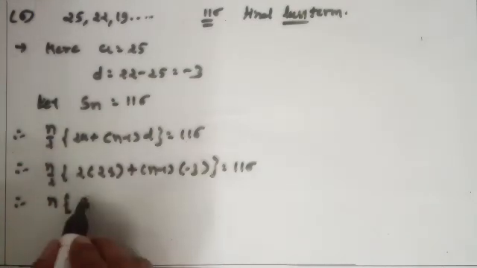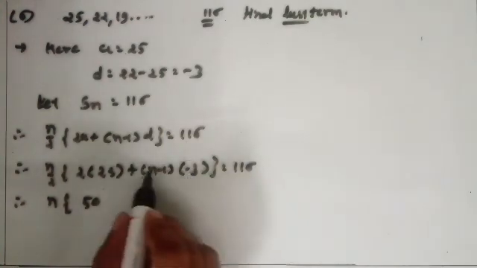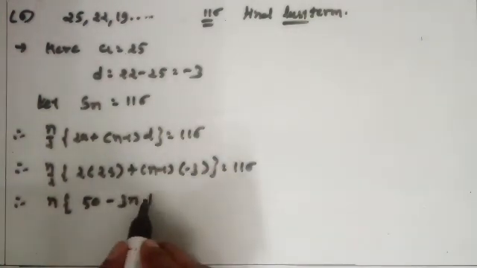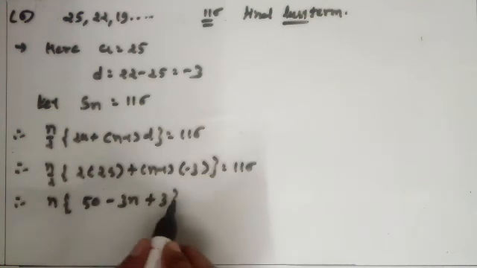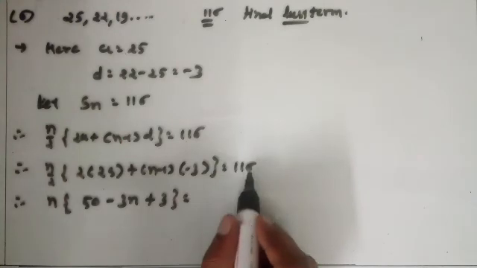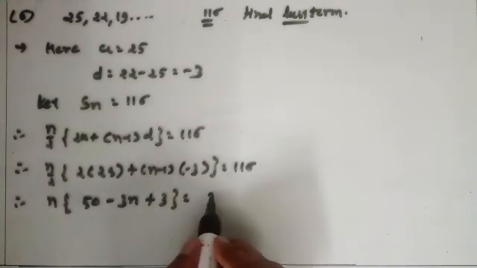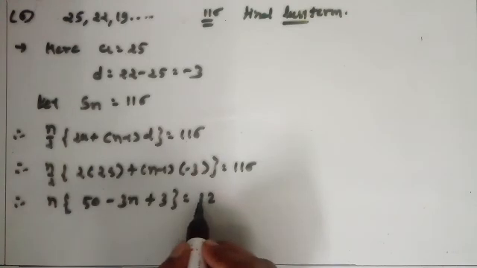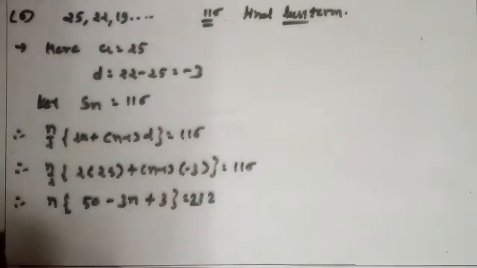So taking the 2 to this side, n into 50 minus 3, taking inside, minus 3n plus 3, is equal to 2 into 116, which is 232. Therefore, now simplify this.